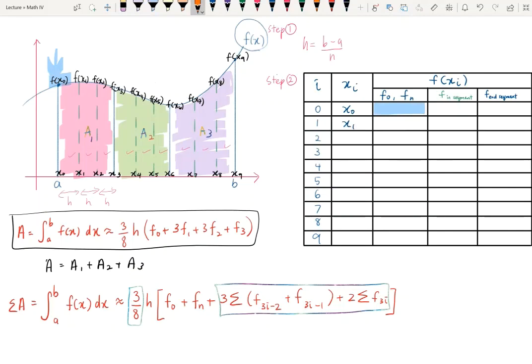Then for the second row, which I equals to 1, so kita ada xi kita adalah x1. Then kalau you tengok kat graph, okay, x1 tu, the position of fx1, okay, kat sini kita kena letakkan dalam this column, f in segment. Okay, kalau you perasan saya letak tulisan f in segment tu warna hijau, sama dengan garis putus-putus dekat graph yang warna hijau.